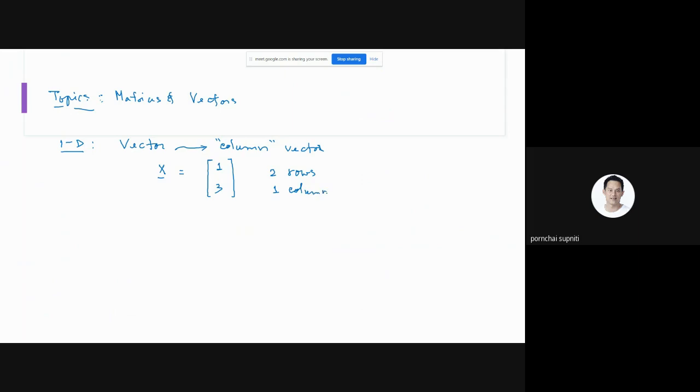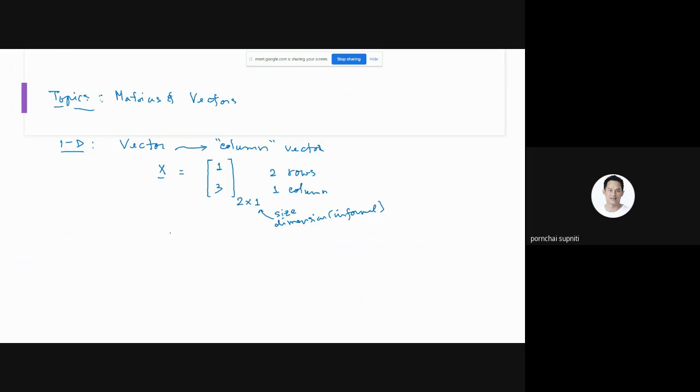Sometimes we write the dimension or the size as number of rows multiplied by number of columns. Some people call it dimension, but this is an informal name because the word dimension can also mean something different.